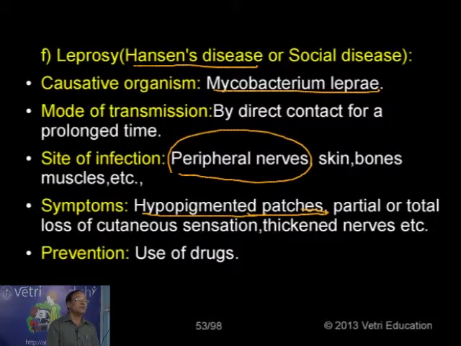So there is total or partial loss of cutaneous, that is skin, sensation because of the presence of the bacteria.